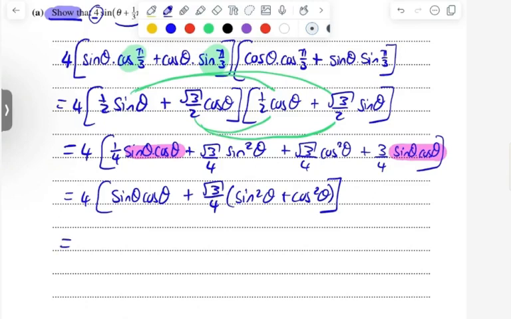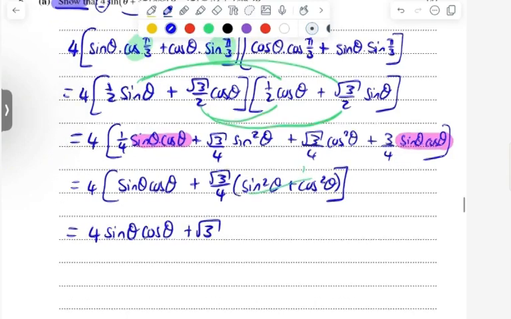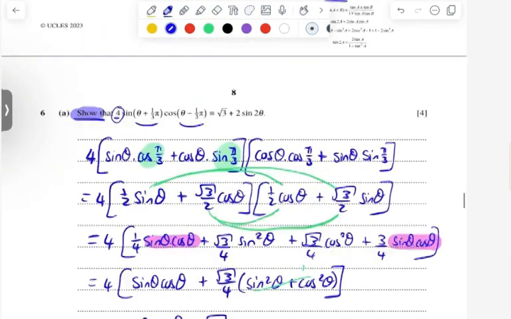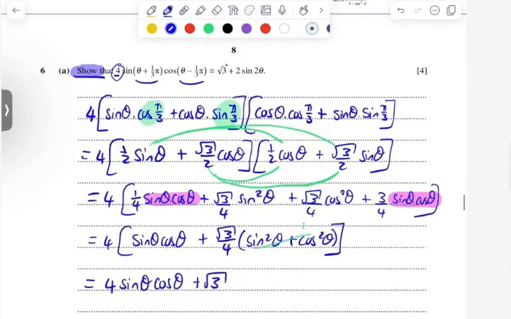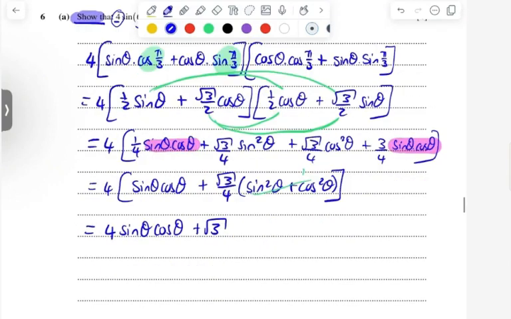Alright, so I could probably do this in one go. And then my sine squared plus cos squared becomes 1. And my 4's cancel out, and so I'm left with that. Alright, we're getting a little bit closer to what we want. We've got my root 3, and can you see they want me to have a double angle here?